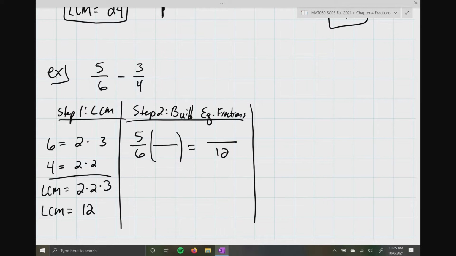What is that number I need to multiply 5 over 6 by? 2. 2 over 2. Very good. So that's going to give me 10 over 12 as an equivalent fraction.